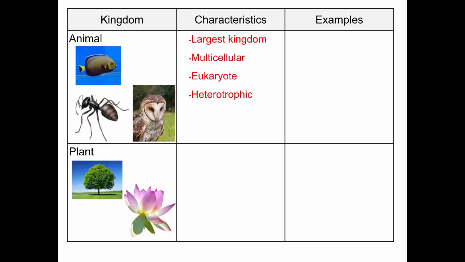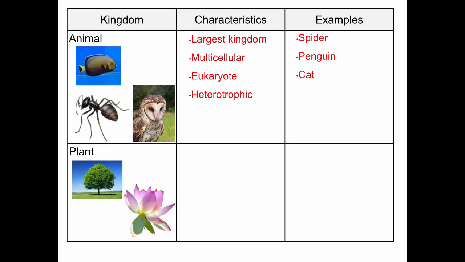So obviously there's lots of examples we could list of animals: a spider, a penguin, a cat, an insect, a sponge, a sand dollar, a clam, a lobster, an alligator, a monkey, a dog, all these are animals, obviously.